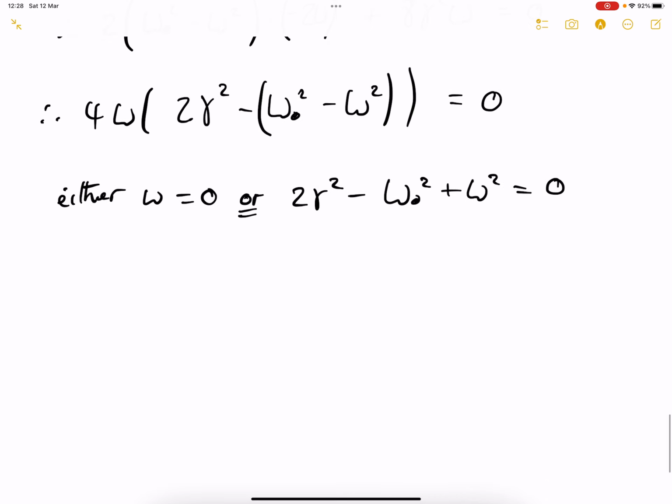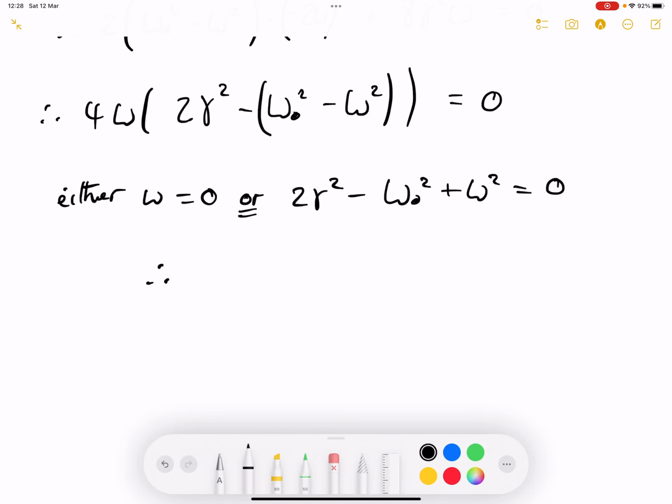So therefore, omega resonance is equal to the square root of, omega must be, it doesn't really matter if it's positive or negative, I don't think. So omega must be equal to the square root of omega naught squared minus 2 gamma squared.